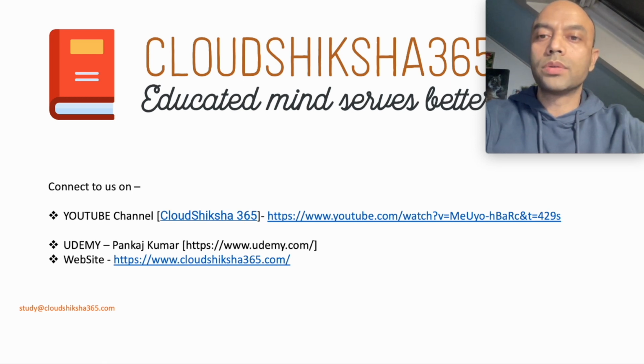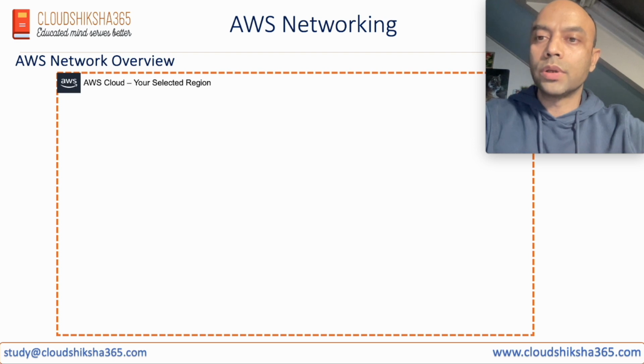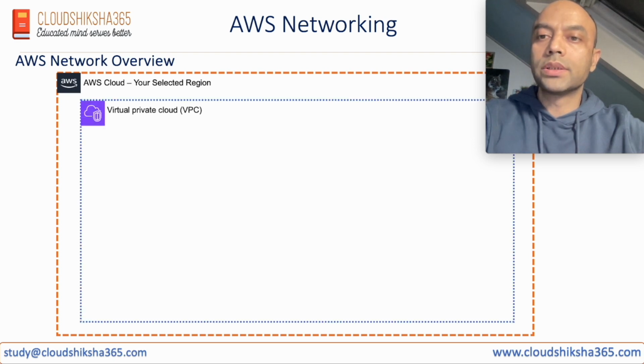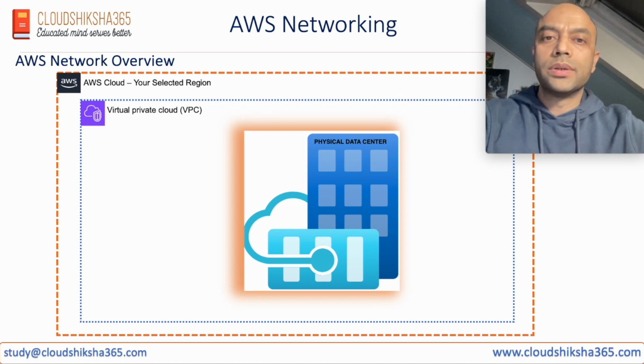When we talk about an AWS account, once you create an account on your AWS cloud, the first thing is the virtual private cloud. You start with a default VPC that we already saw in the previous chapters. When we think about a VPC, you can consider it a virtual data center.